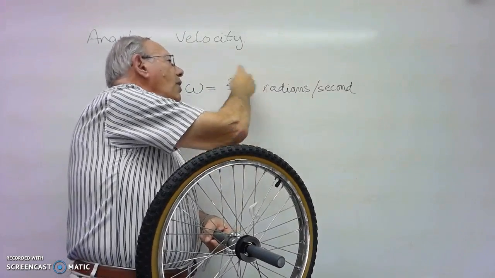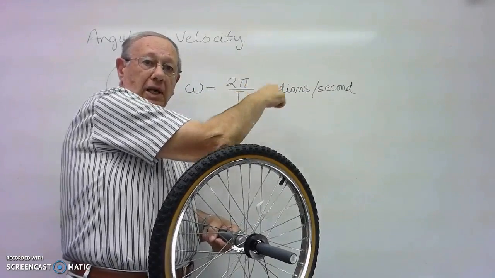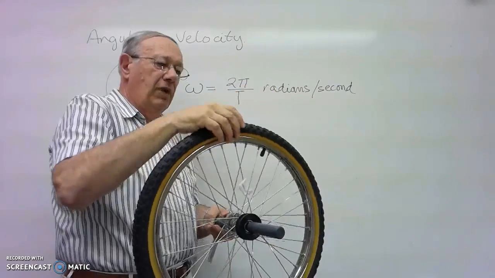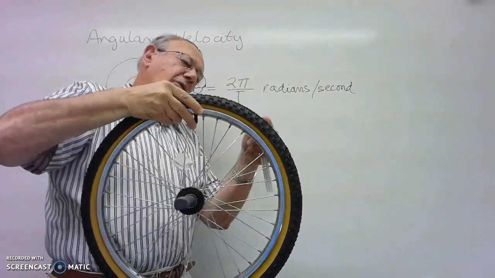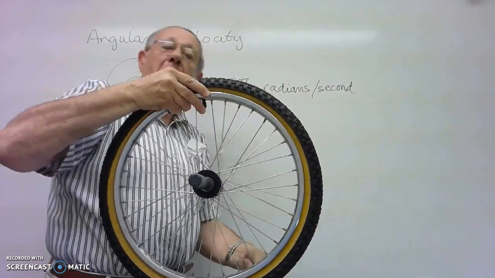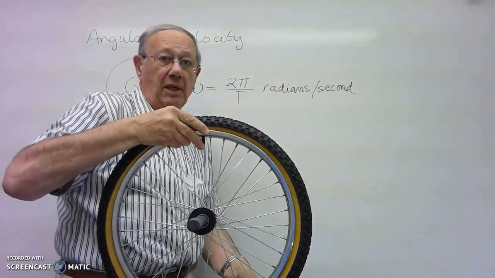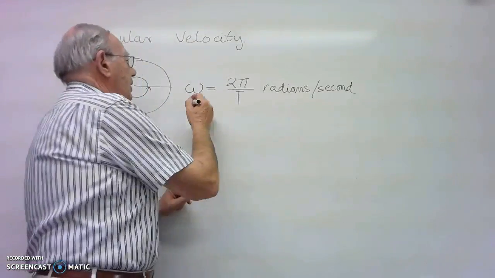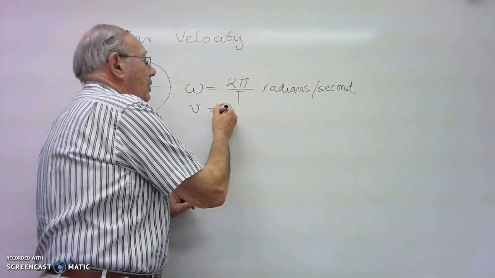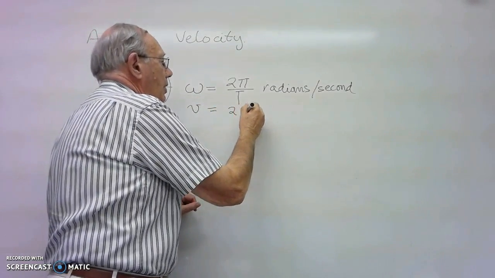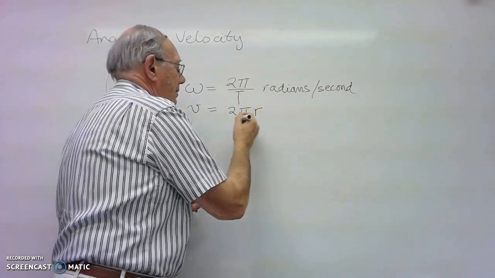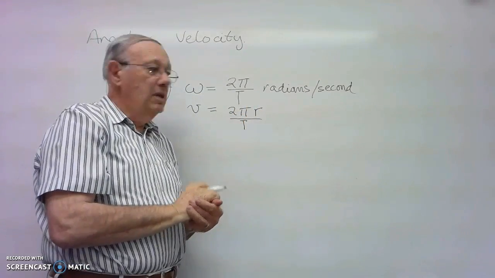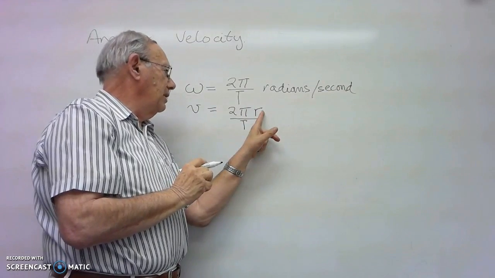This is the number of radians per second, or the number of radii per second that it's moving. So it's the length of the radius. How many of those each second? So we can say the instantaneous velocity, or the speed, is 2 pi r over T. Okay, so this is the radius.